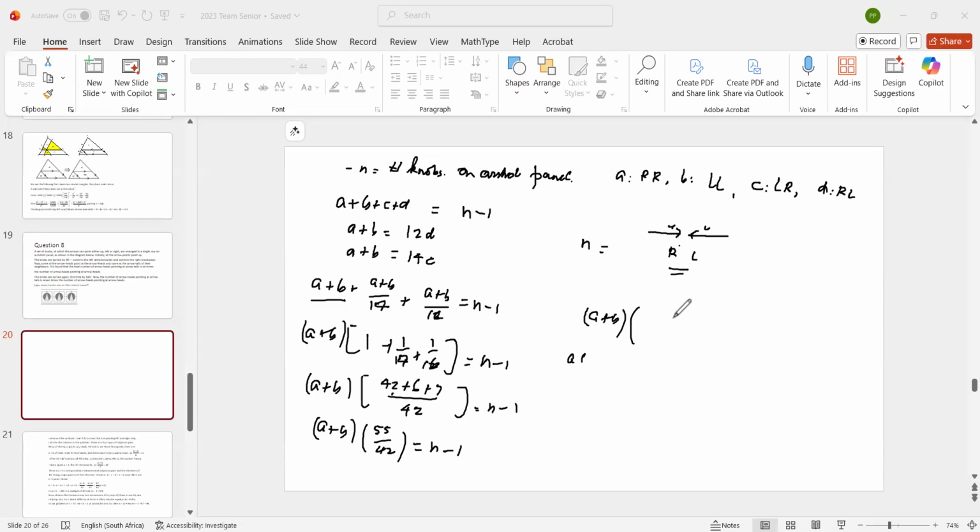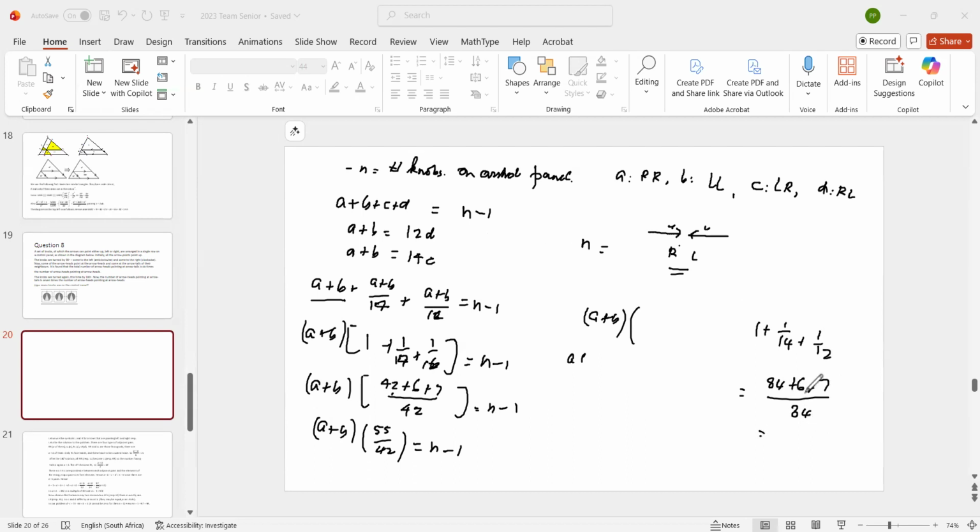Now, when you work out 1 plus 1 over 14 plus 1 over 12 plus 1 over 12, the common denominator here is 84. So you get 84. 14 goes into 84 6 times. 12 goes into it 7 times.